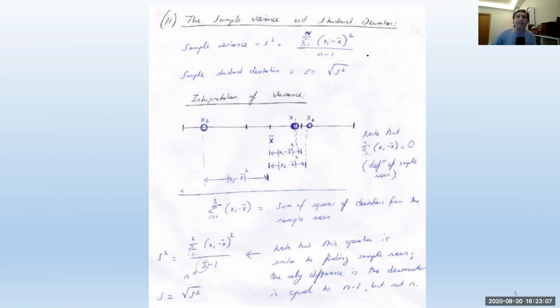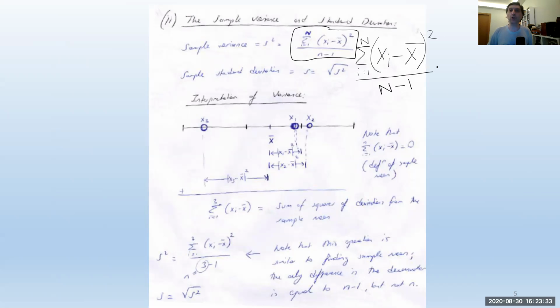So the calculation, if you can read my writing here, is simply this: you take each observation, you find the sample mean value, then you do something strange. You square this one, and then you add this squared term for all n observations, and then you divide it by n minus 1.